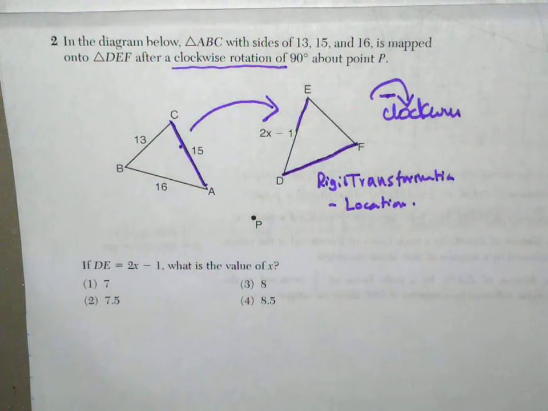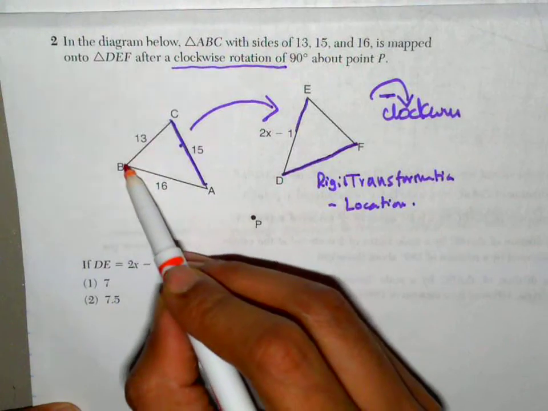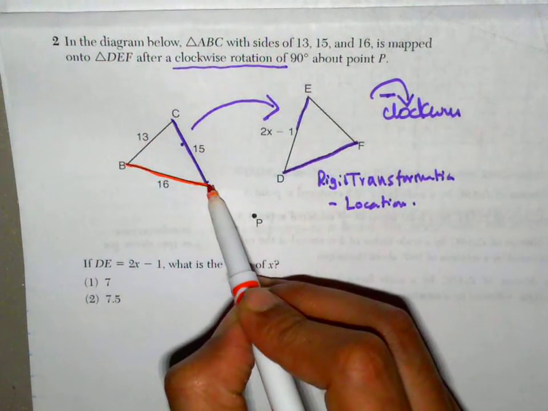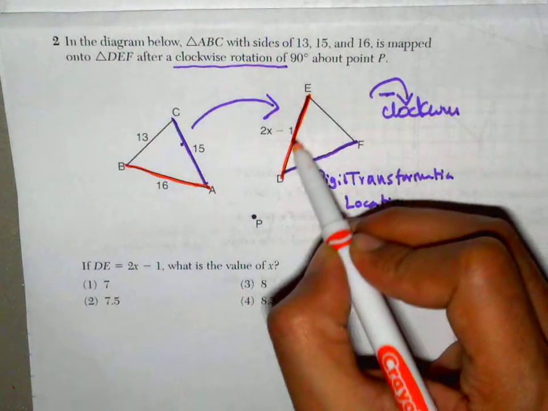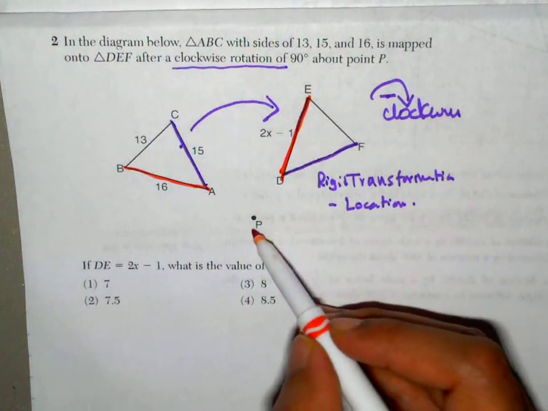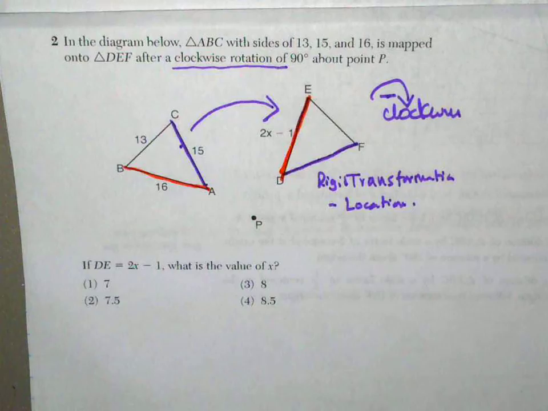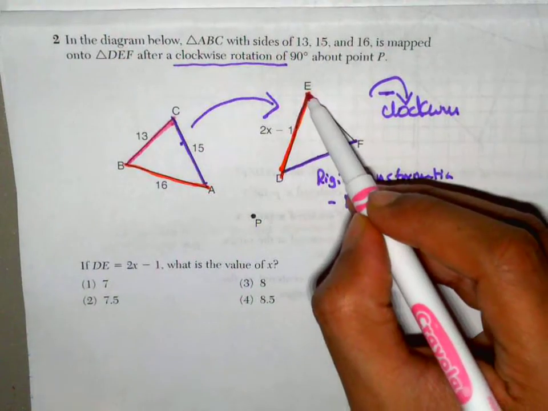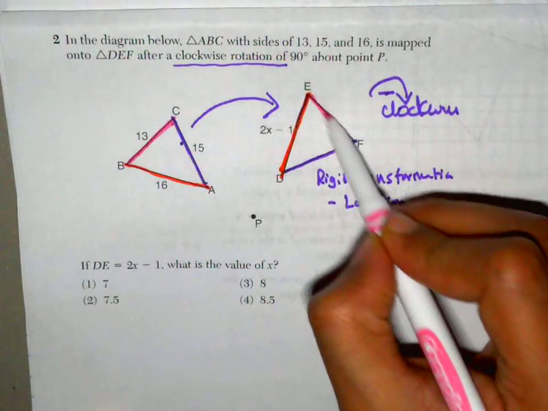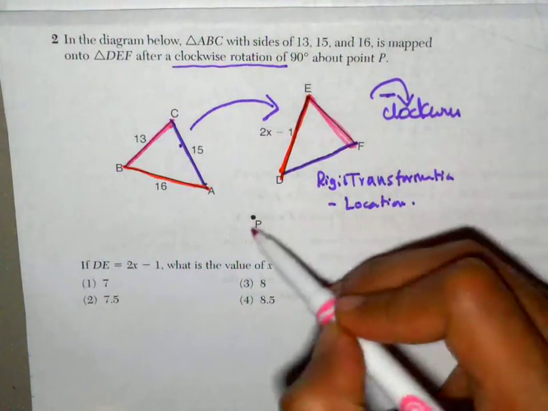Okay, so we're just rotating. And then this side, AB, corresponds to this side, DE, after rotation of 90 degrees about this point P. Lastly, this side, BC, has been mapped onto this side, EF, after the rotation of 90 degrees about point P.